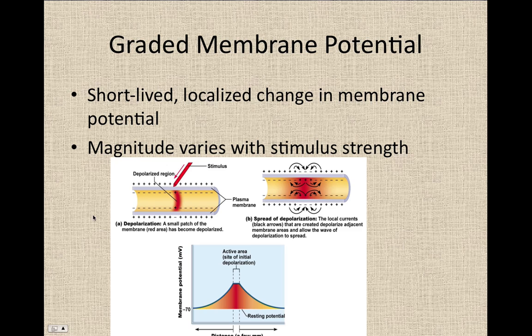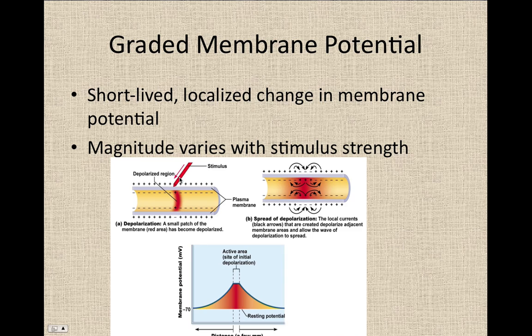If you have a very weak stimulus, chances are that you're going to get a little change in the environment in that one area, and then nothing happens because you haven't reached that threshold. Now you increase the stimulus more and more until you get to threshold. Then you start to propagate that signal by the action potential.